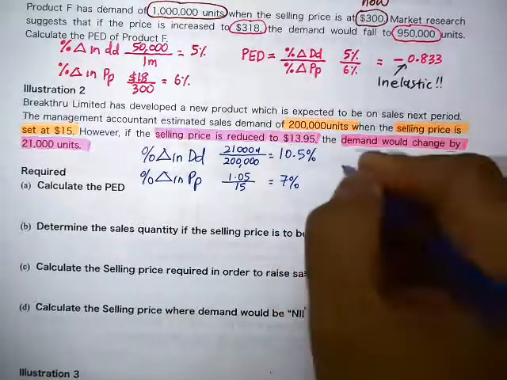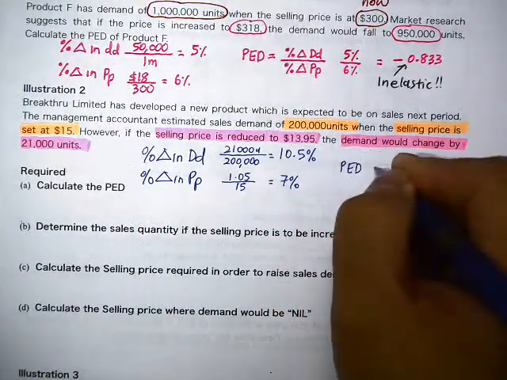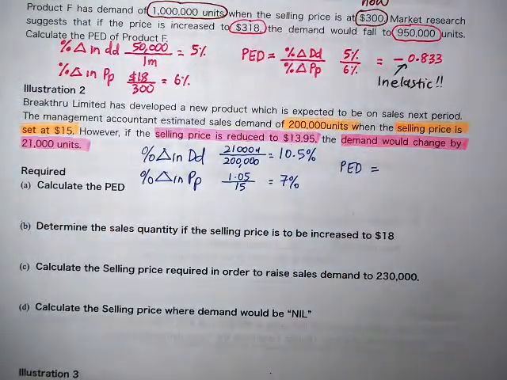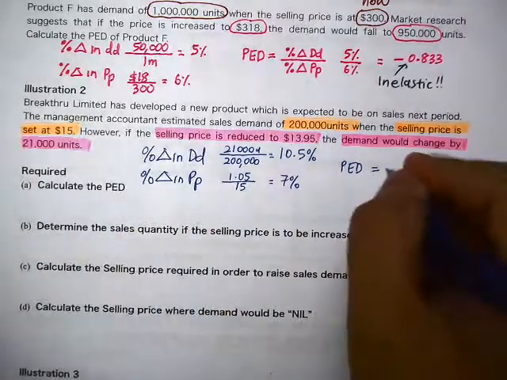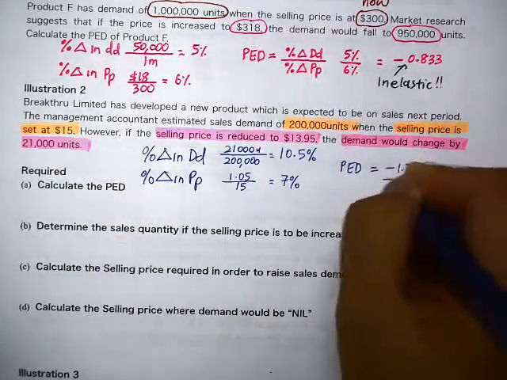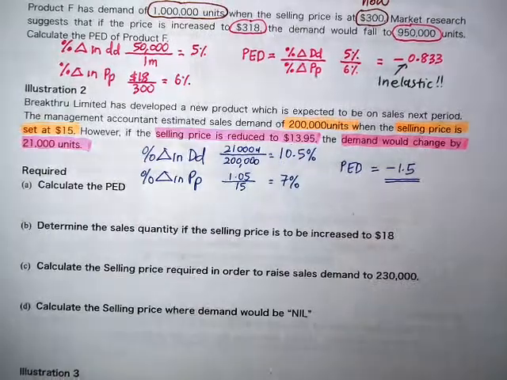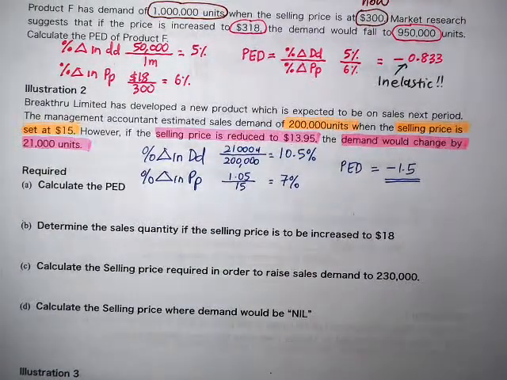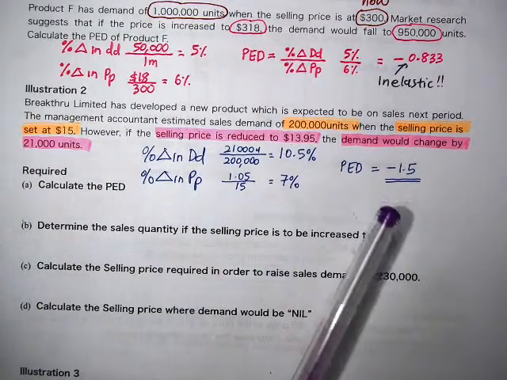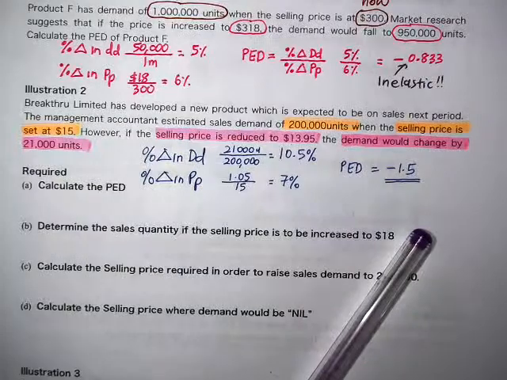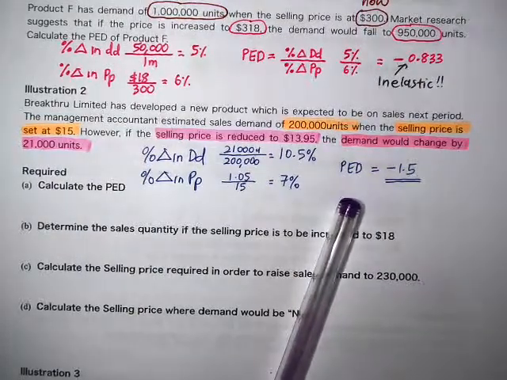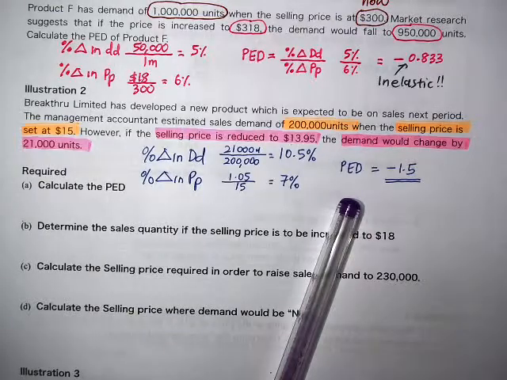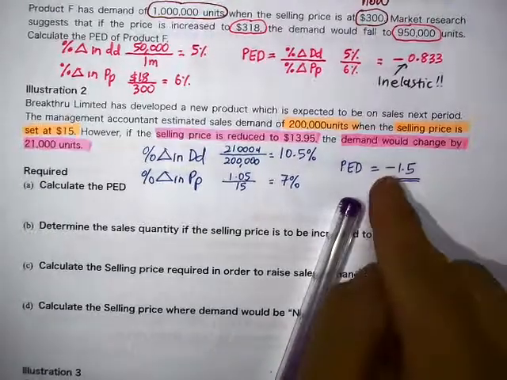That means your PED will be 10.5 divided by 7. So negative 1.5. Okay? So the negative 1.5, what does it mean? Every time the price changes by 1, demand changes by 1.5. Or when the price changes by 10, demand changes by 15. Okay? So this is what 1.5 means.